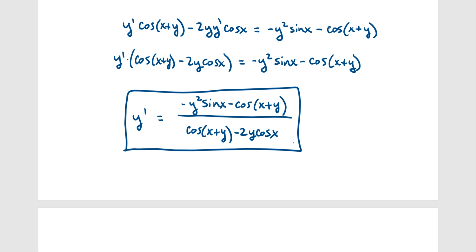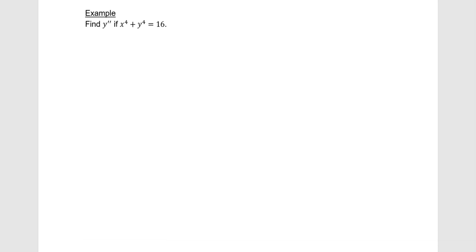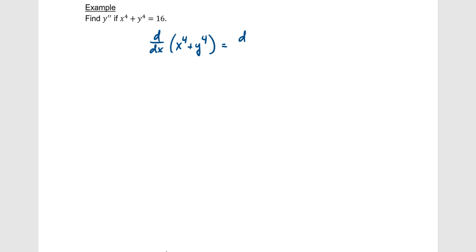Okay, let's do maybe one more of these examples. We're going to find y double prime if x to the fourth plus y to the fourth equals 16. This actually looks harder than it is. Let's apply our rules. Let's take d dx of x to the fourth plus y to the fourth equals d dx of 16.